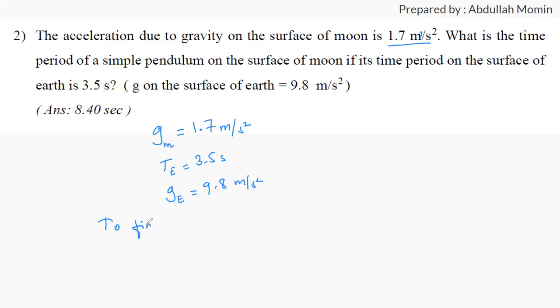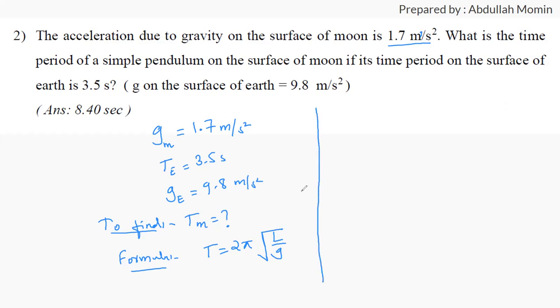We are supposed to find out the time period on the surface of moon, means Tm, and we have the formula of time period. T can be written as 2 pi root of L by g. Since the whole setup we have moved from earth to moon, the length will be same, 2 pi will be same, only what is changing here is g. So we can write T is inversely proportional to root g.